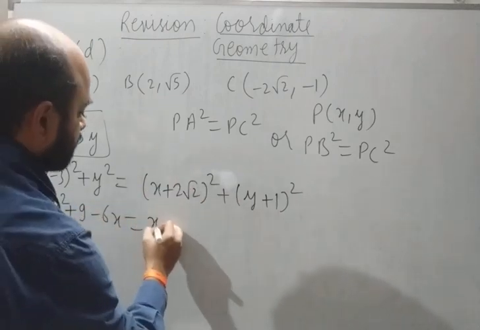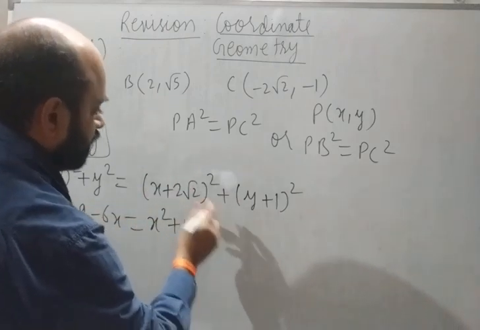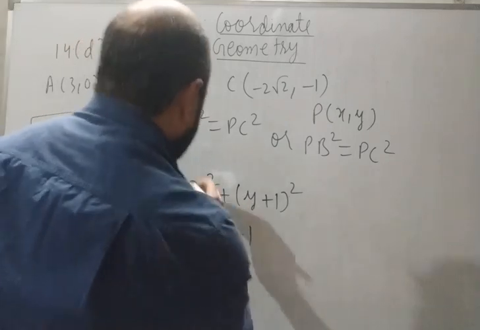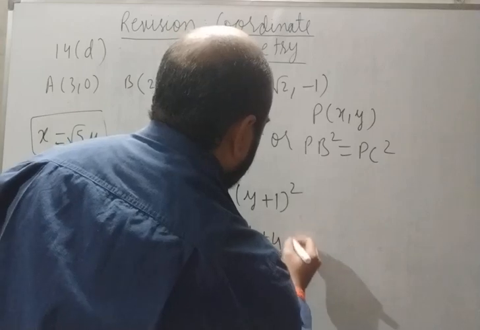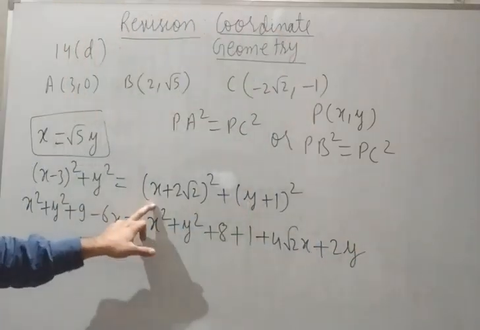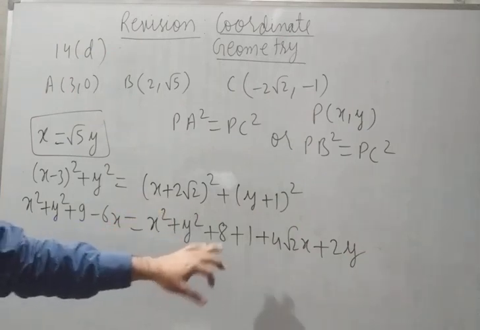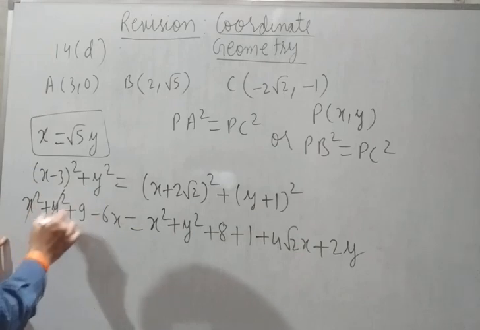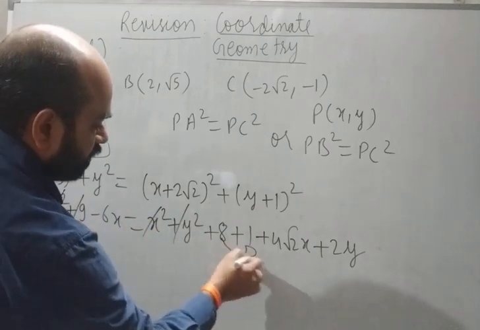That will give x square plus y square, then 2 root 2 square, that is 8, plus 1 square, 1, then 4 root 2x plus 2y. Correct? 2ab, 2 into 2 into root 2x, and 2ab here, 2 into 1 into y.